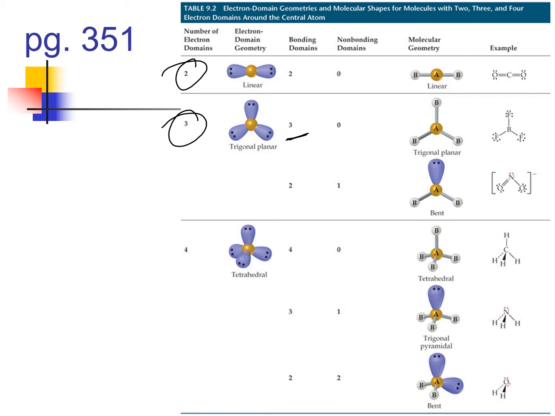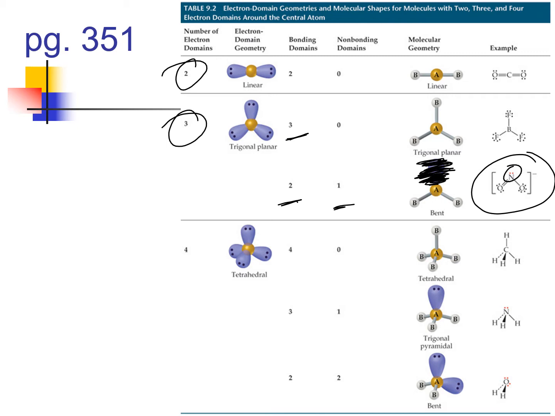But if there's 3 electron domains, but 2 are bonding and 1 is non-bonding, like we see here because there's this lone pair right there, then when we look at this molecule, we don't see this piece. That's just where some electrons are. So we say the shape is then called bent.